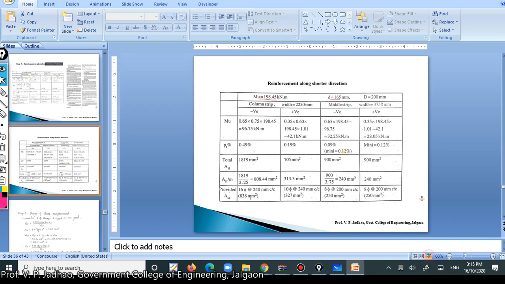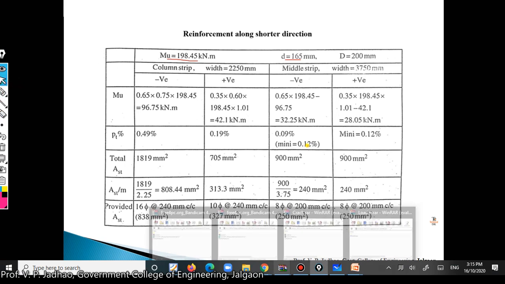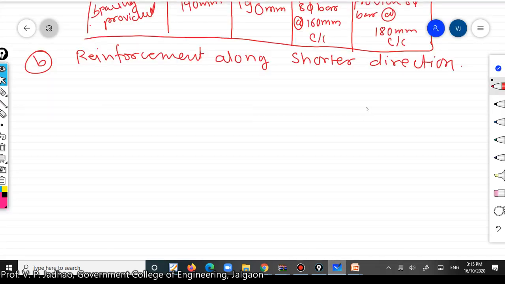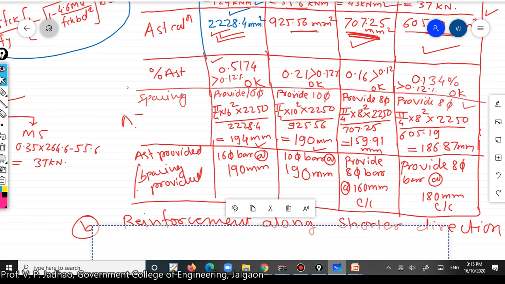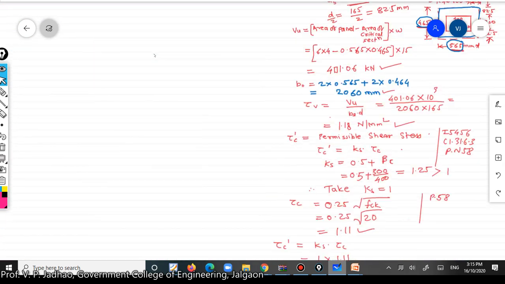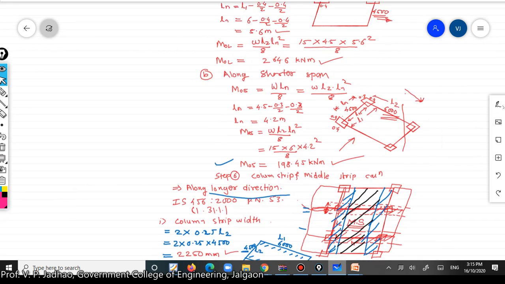Now for calculation of steel along the shorter direction, we know that we have already calculated the bending moment along the shorter direction, I think it was MOS. Yeah, it is here, MOS is equal to 198.45 kilonewton meter.